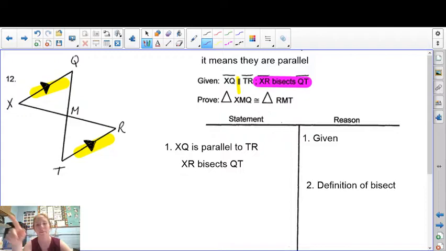So that whole line cuts in half the other whole line. So this guy, XM and MR are congruent, and QM and TM are congruent. Get lots of information in this one. Do we really need both? No, because we only really need one side. Does it matter which side we use? No.